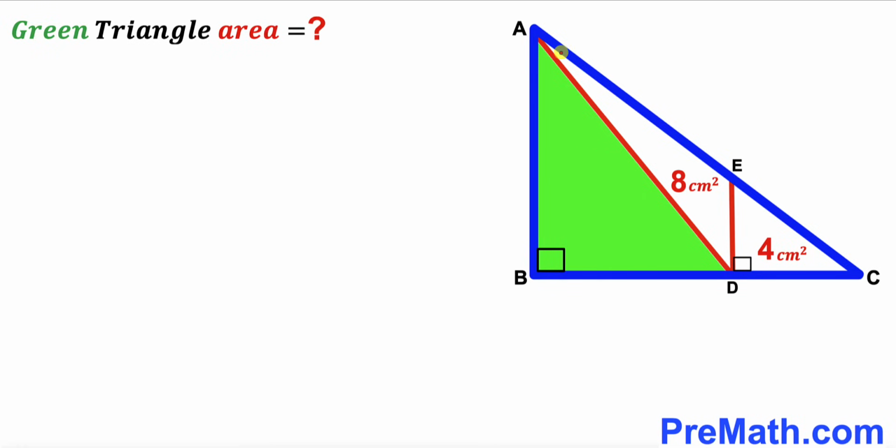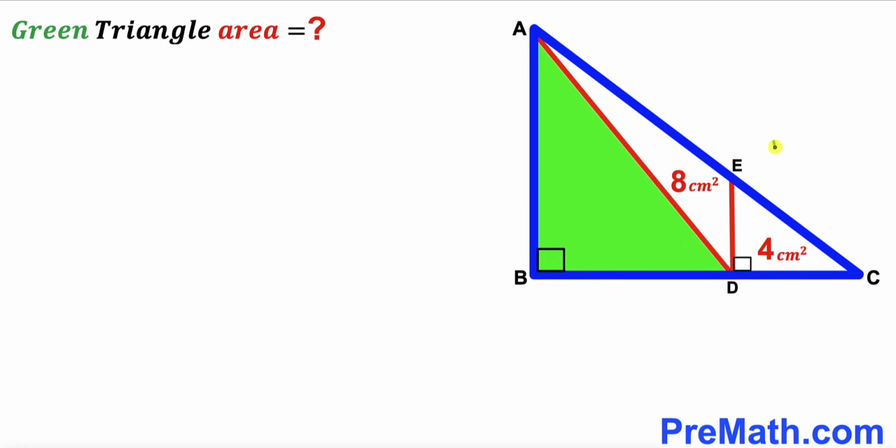Welcome to PreMath. In this video, we have this big right triangle ABC that consists of three triangles: the green shaded triangle ABD, the triangle CDE, and finally the triangle ADE.